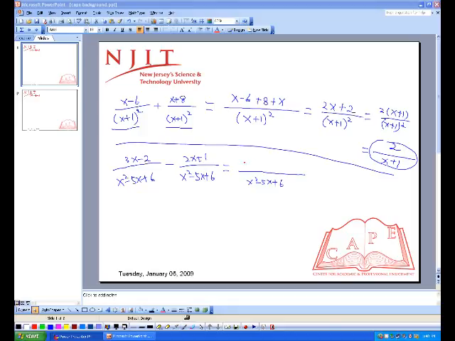So it's equal to 3x minus 2 subtract 2x plus 1.